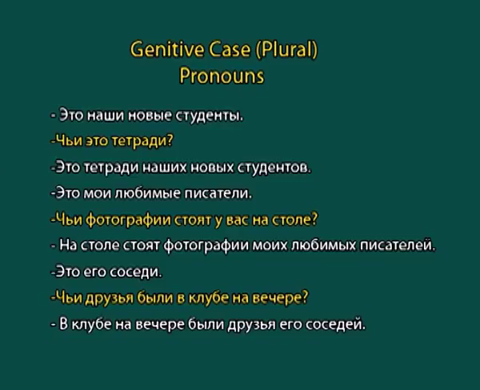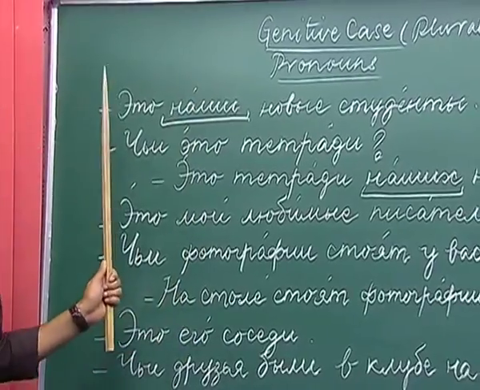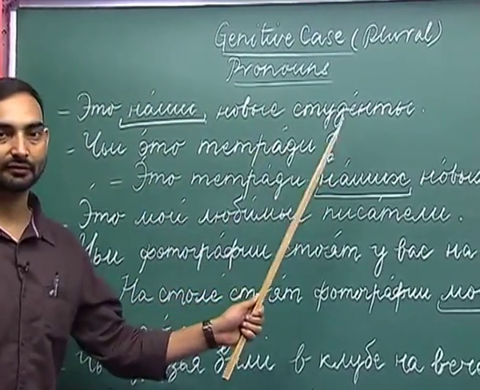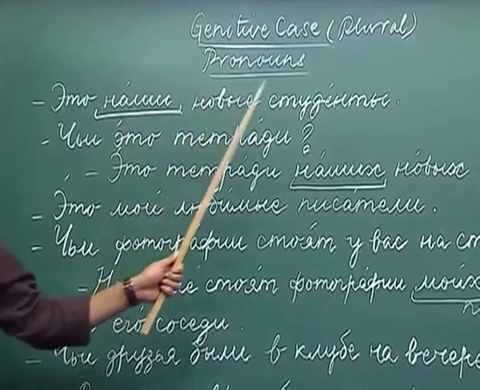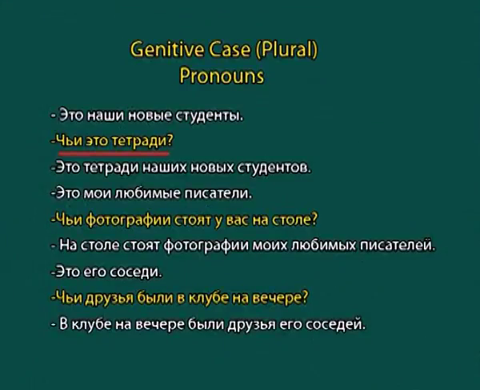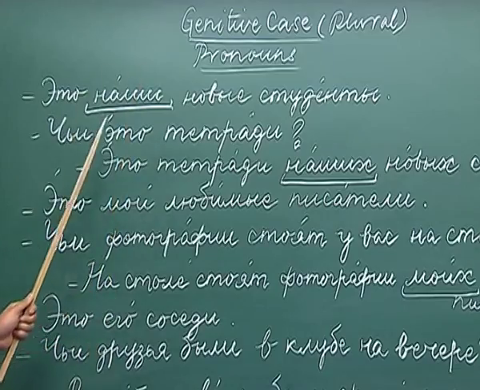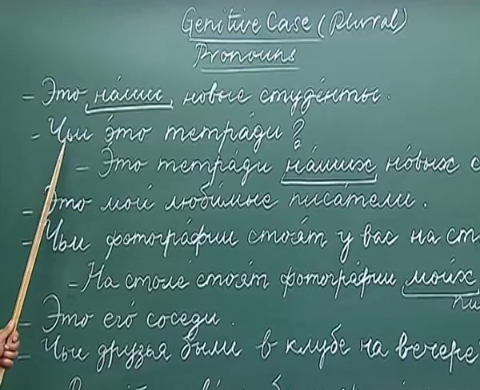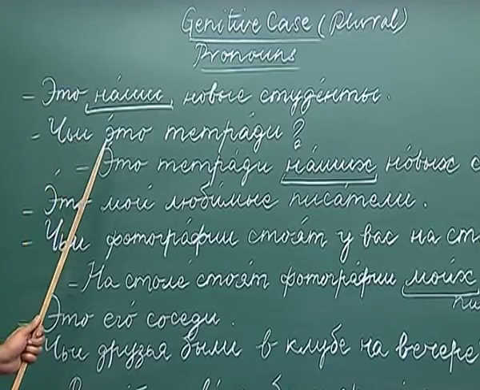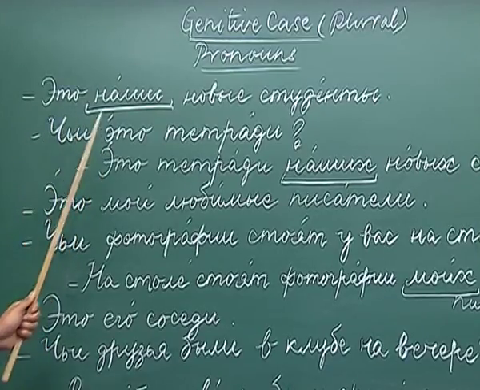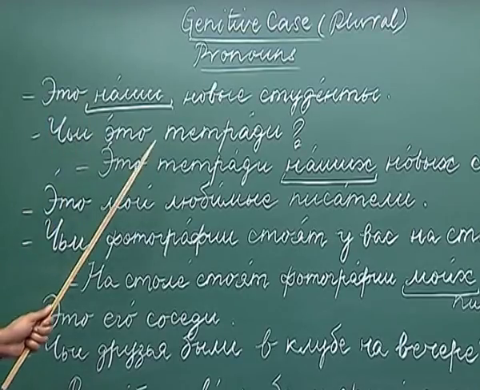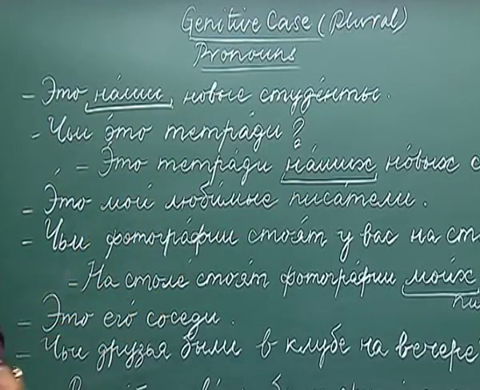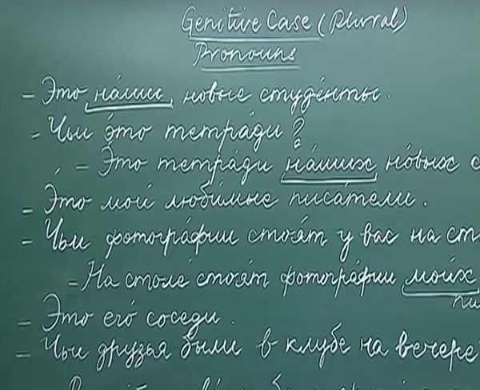I have written a sentence here, Эти наши новые студенты. These are our new students. The question next to the sentence is, Чьи это тетради? Чьи, as you already know, means whose, and when we answer чей, чья, чьё and чьи, we use a possessive pronoun.